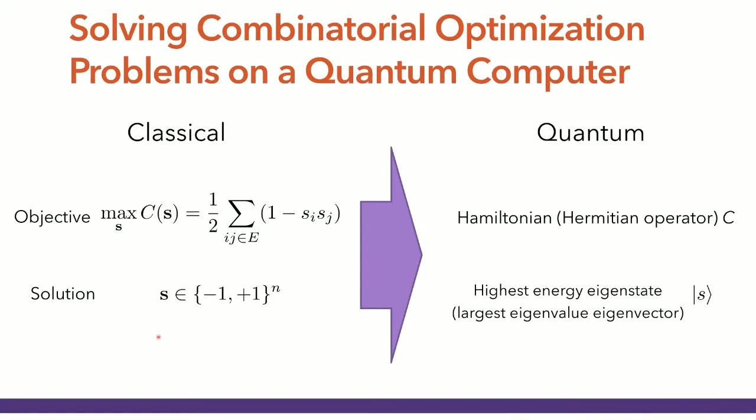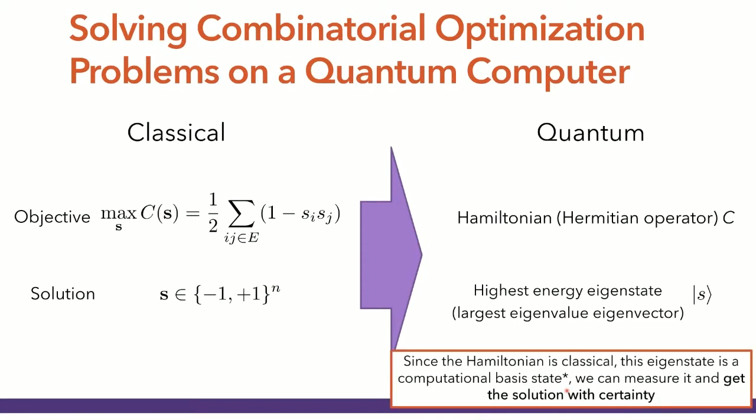Our solution, which in the classical case is a configuration, a string of -1 and +1s of length n, where n is the number of variables, in the quantum case will become encoded in the highest energy eigenstate, or in more linear algebra terms, the largest eigenvalue eigenvector of this operator. The observable corresponding to the value of the objective function in a given configuration is the energy of the Hamiltonian with the given quantum state.